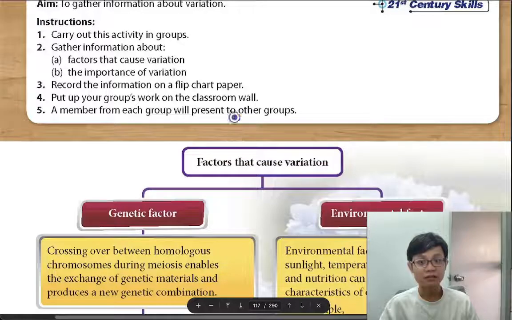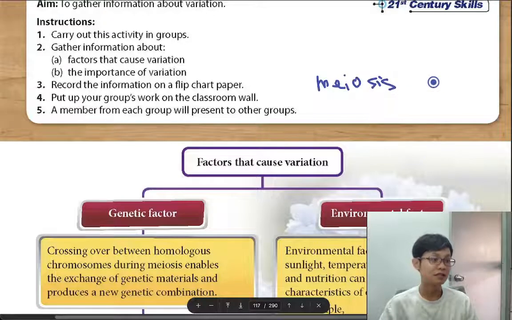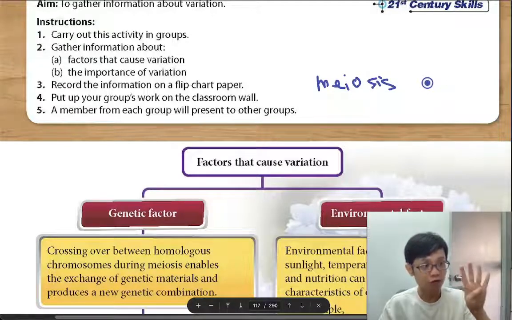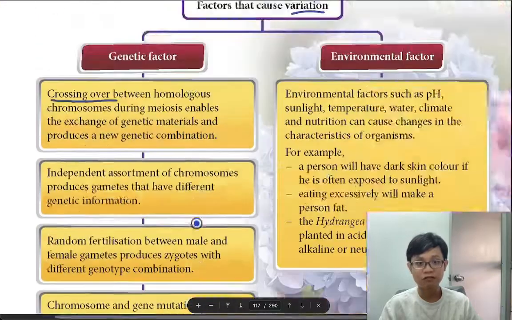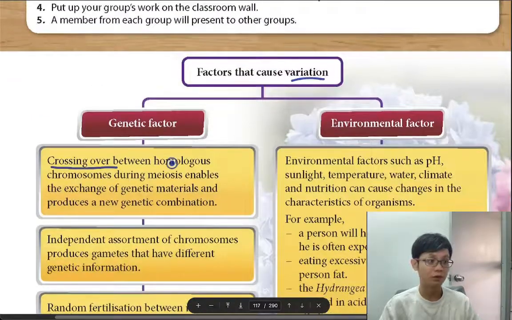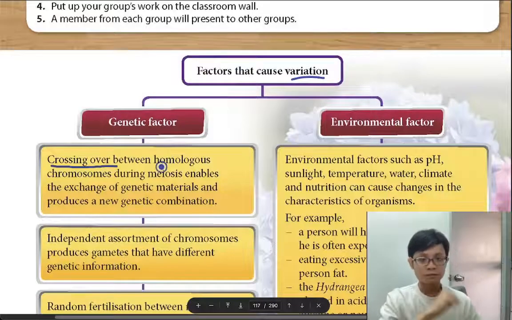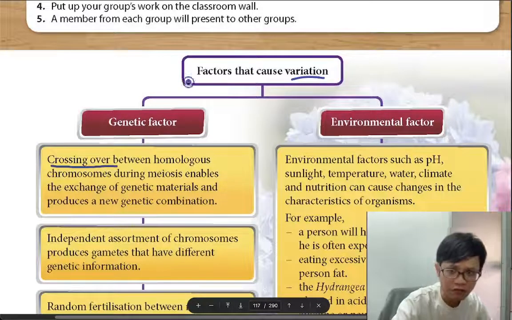One reason is that it uses meiosis, not mitosis, because mitosis produces four identical daughter cells. In meiosis, one reason you need to know is crossing over.